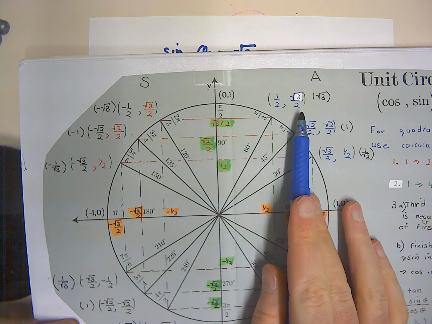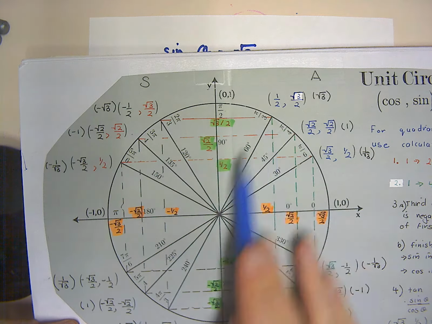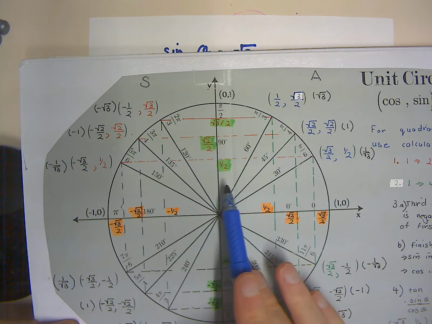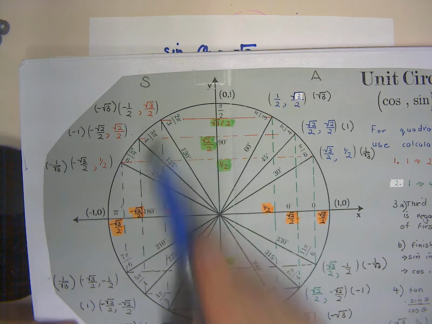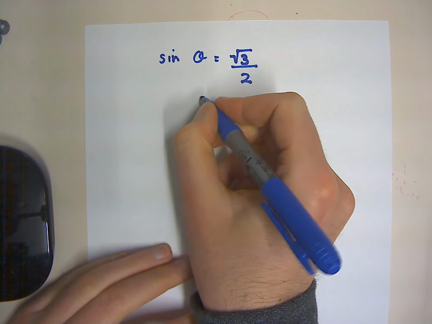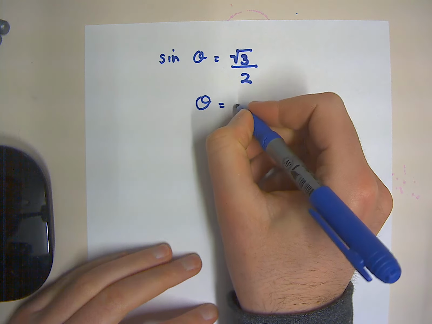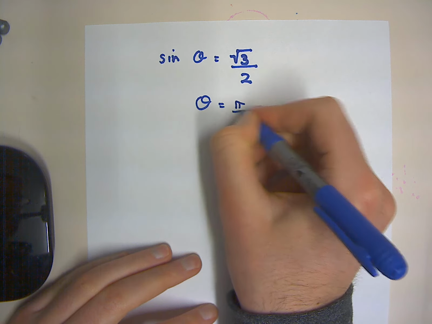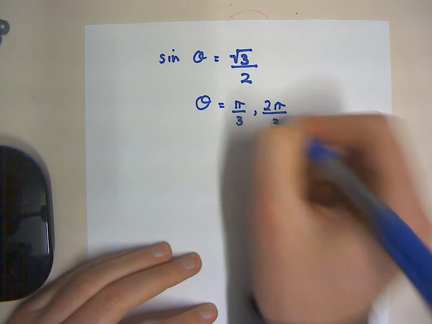Now, I've done a lot of practice at this, so I know where they are, so it's there. So my angle, one of the angles is pi on 3, but it's also there. So the other angle is 2 pi on 3. So I should say that theta equals pi on 3 and 2 pi on 3.